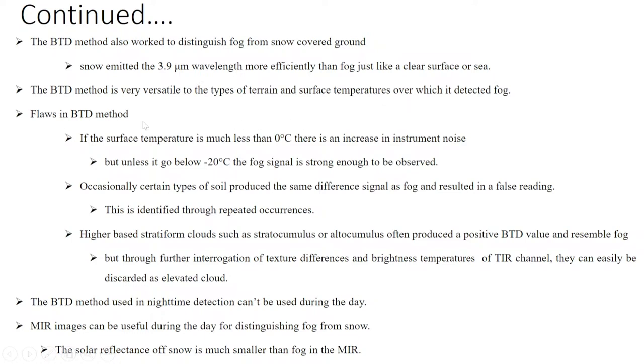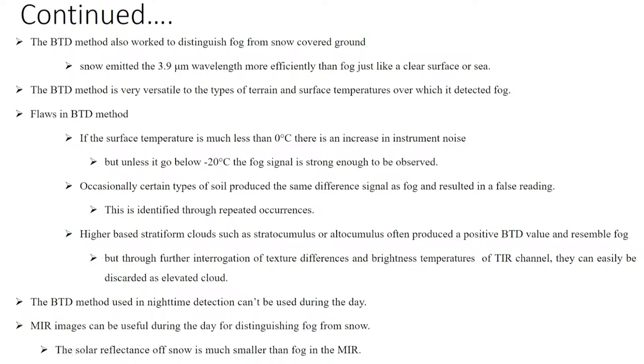Some of the flaws in the method, let's discuss that. If the surface temperature is much less than 0 degrees Celsius, then of course there is an increase in the instrument noise. However, if the temperature is not going below minus 20 degrees Celsius, the fog signal is strong enough to be observed. Also, sometimes certain types of soil produce a similar difference in the BT, brightness temperature, as the fog and result in a false reading, right?